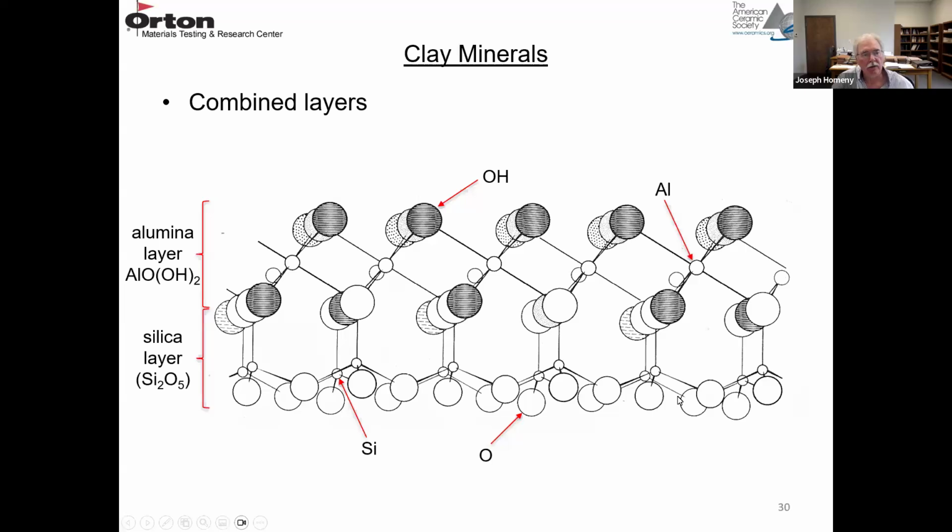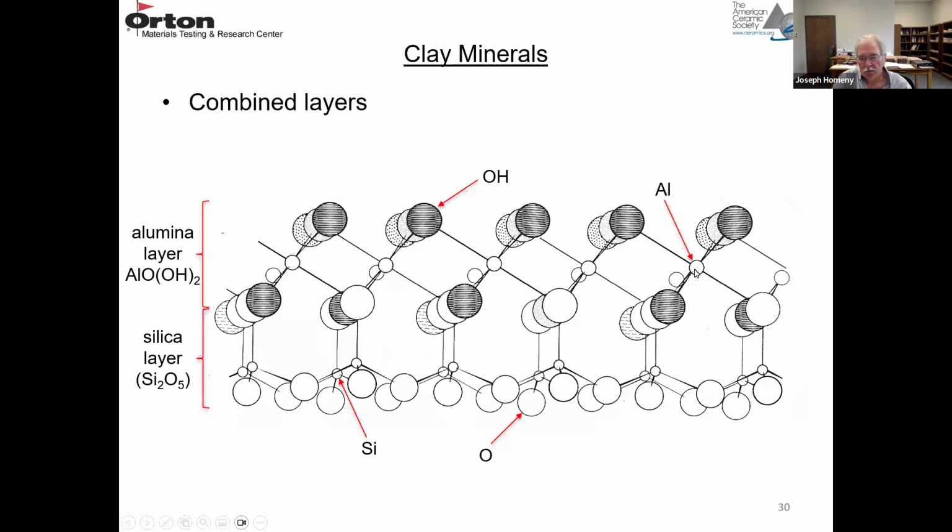So depending on how these layers are stacked, you have different clay minerals. So this stacking, 1 aluminum layer, 1 silica layer, is basically kaolinite, a very common clay used for refractory materials. So here's your silica layer. The small open circle is Si, the larger open circles are oxygen, and then that's joined with the aluminum layer.